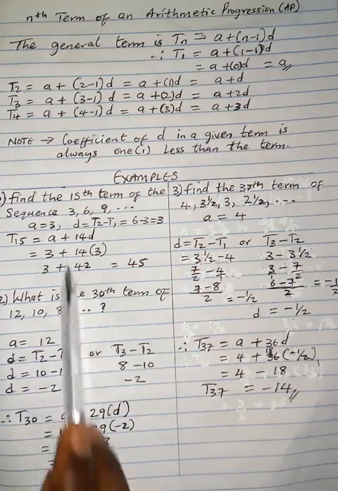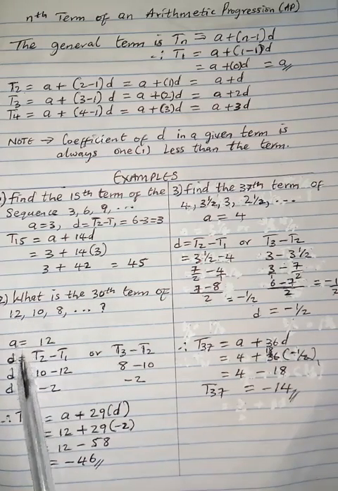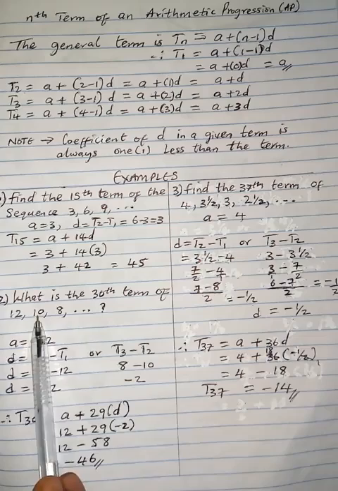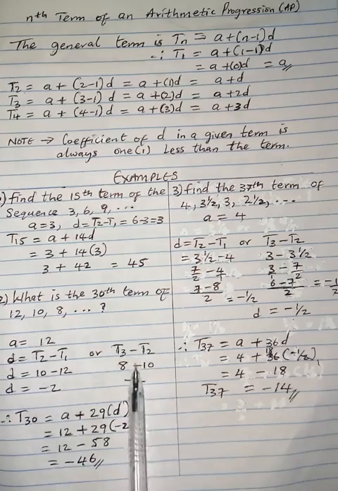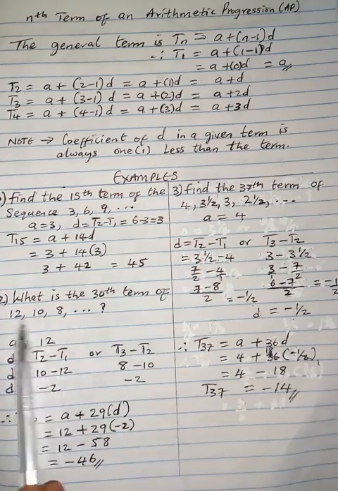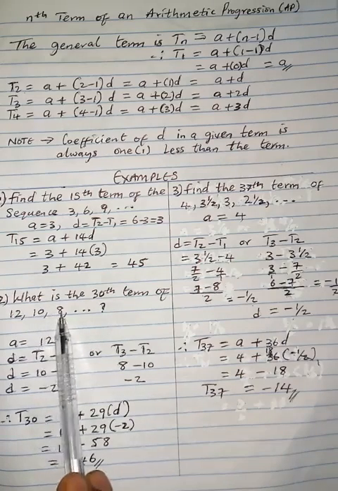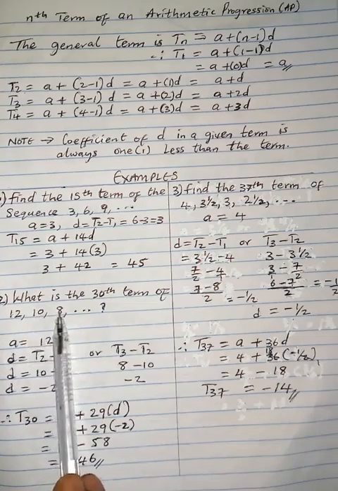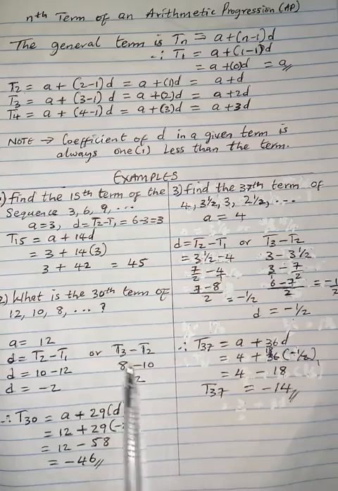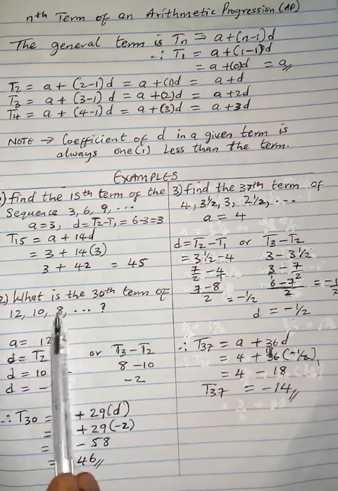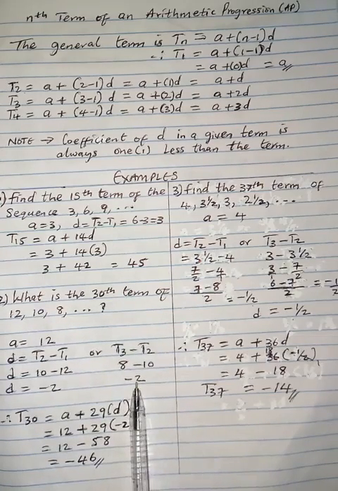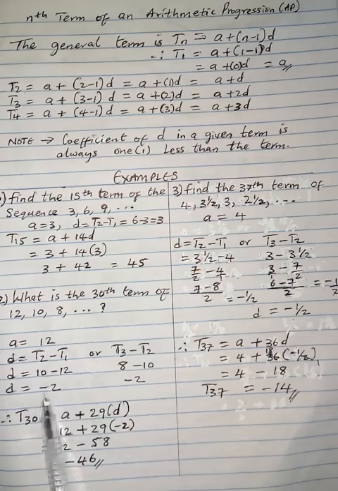My first term here is 12 and my second term is 10. If I use this, that will be 10 minus 12, which equals minus 2. If I use the third term and second term, that's 8 minus 10, where the third term is 8, which is also equal to minus 2. Now you find that we have minus 2, minus 2.